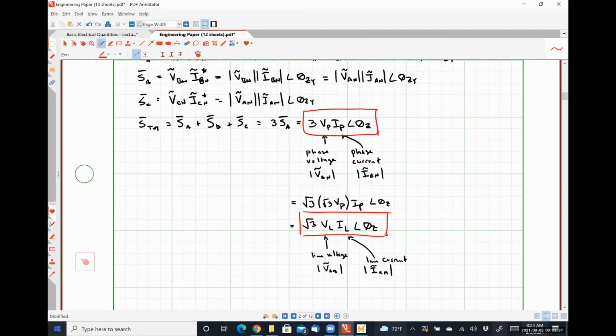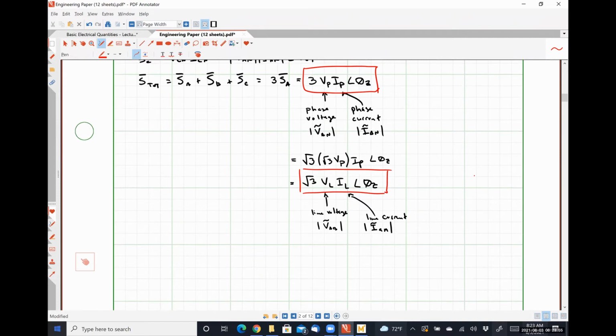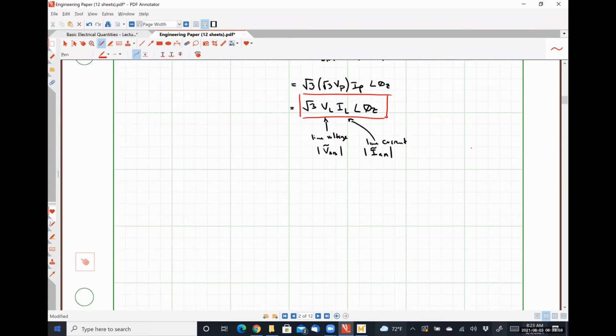Would these relationships hold for a delta connected load? Yes. In a delta connected load, the line voltage and the phase voltage are the same thing, right? But if we look at the relationship between the line current and the phase current, that's where that extra square root of 3 term is going to come from.